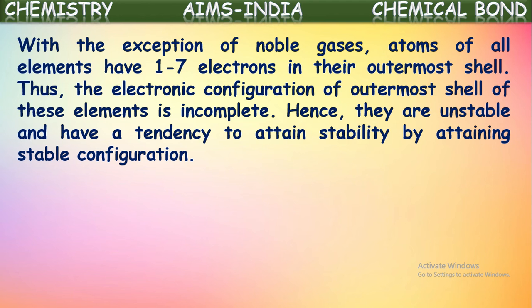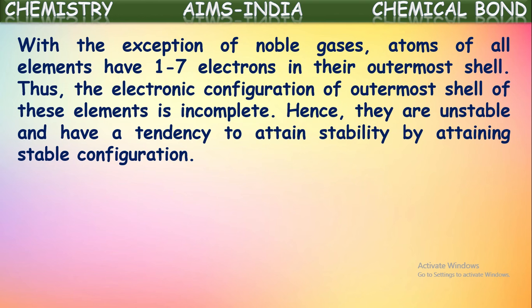If it is only one shell, there should be 2 electrons. If it is more than one shell, the atom should have 8 electrons in the outermost shell, but the remaining elements do not have this many, so we can say the outermost shell configuration is incomplete. Hence they are unstable and have a tendency to attain stability by attaining the stable configuration.